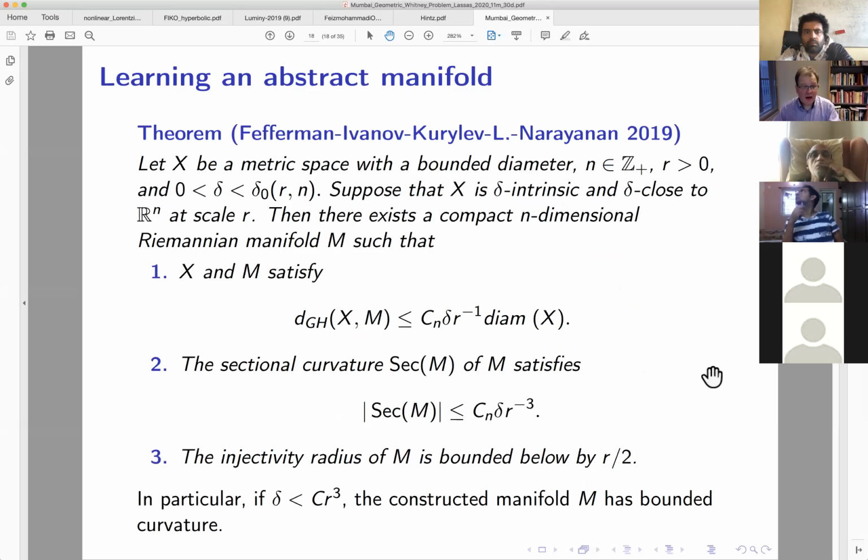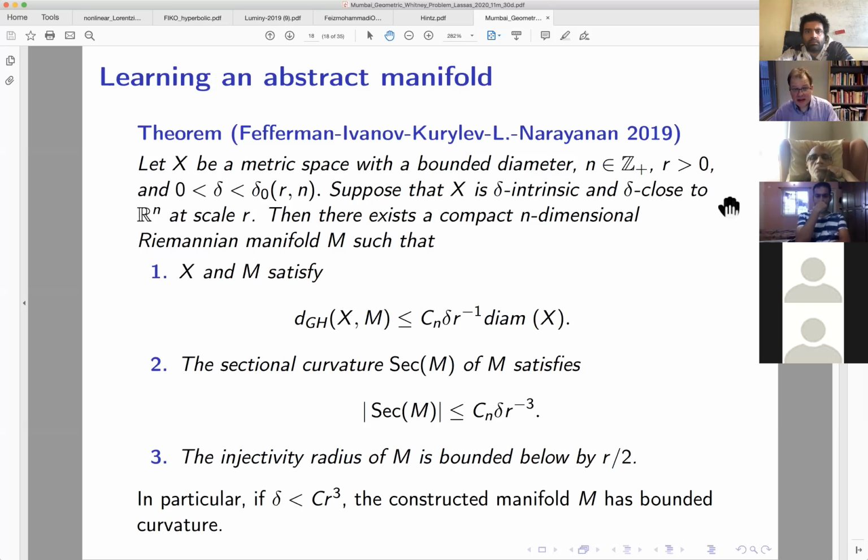Now we have tools enough to formulate the main theorem for abstract manifolds that we did with Fefferman, Ivanov, Kurylev, and Narayanan. It says the following. If we have a metric space that is given to us that has bounded diameter, we specify the dimension and the scale that we are considering, and we consider an error parameter delta that is small enough.